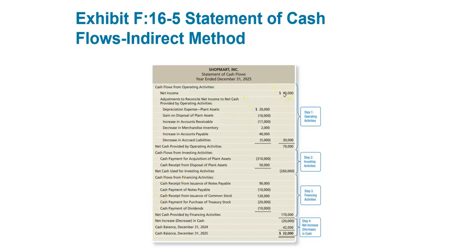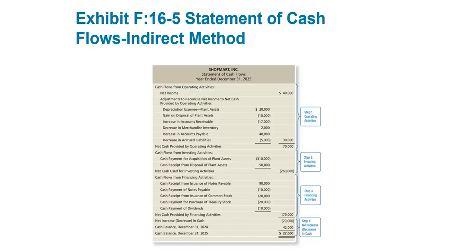So we start with net income, and we're going to add and subtract some things, and we'll end up with the change in operating cash flows. So the first thing that we add back is depreciation expense. Okay, we add it back because it was a non-cash activity.